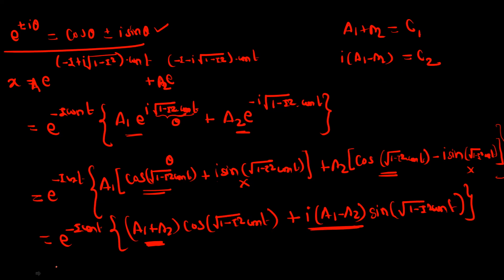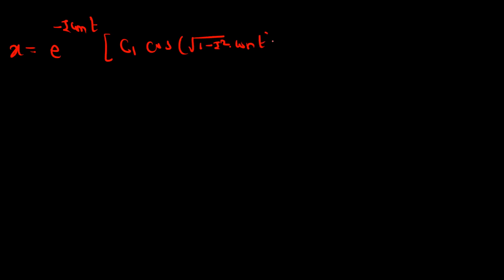So we can write this equation: x is equal to e raised to minus zeta omega n t times (c1 cos of square root 1 minus zeta square into omega n t plus c2 sin of square root 1 minus zeta square into omega n t).